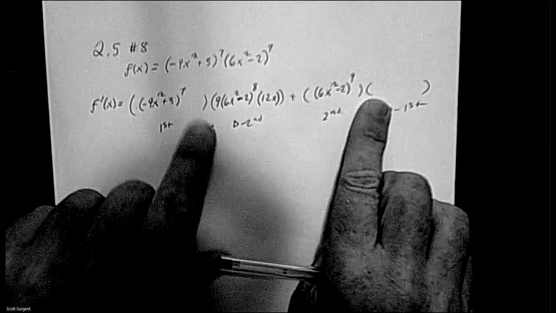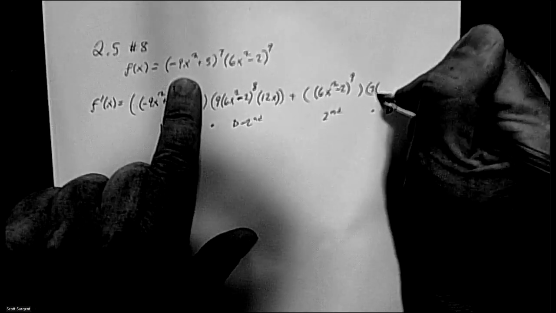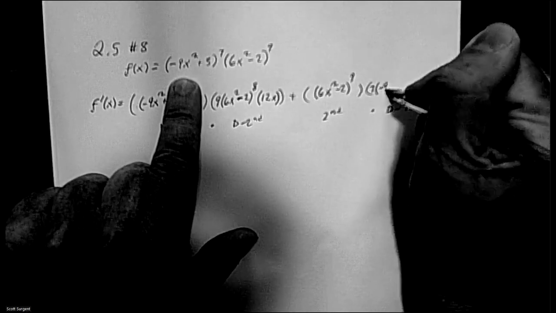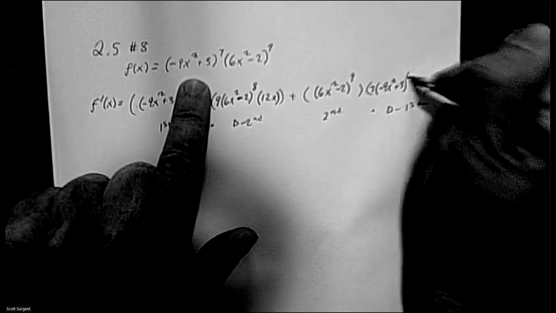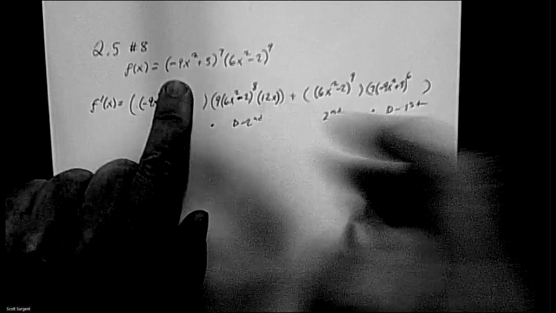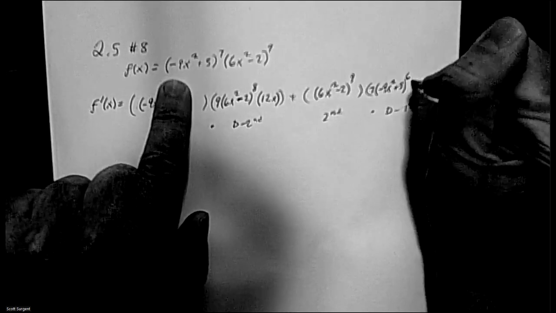And then we're going to do the derivative of the first. Same deal. It's going to be a power rule with the chain rule. So the 7 comes down. You get negative 9x squared plus 3 to the 6. And then the chain rule says take the derivative of the inside, that's going to be negative 18x.